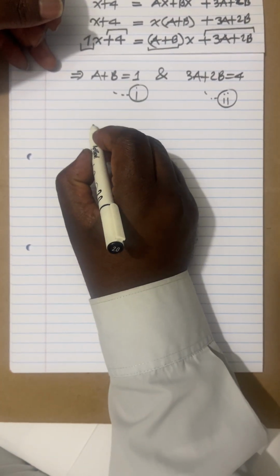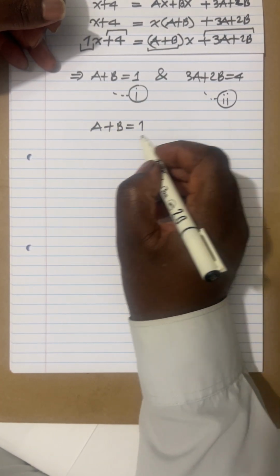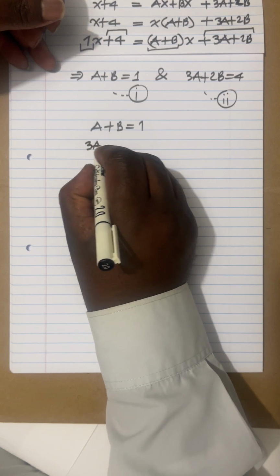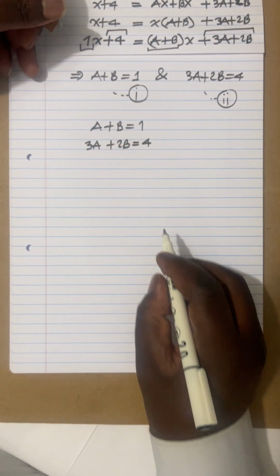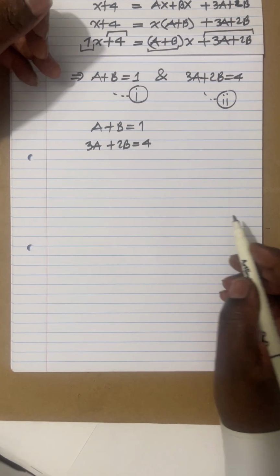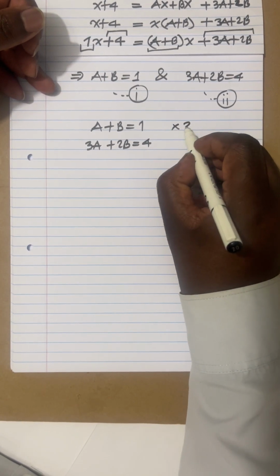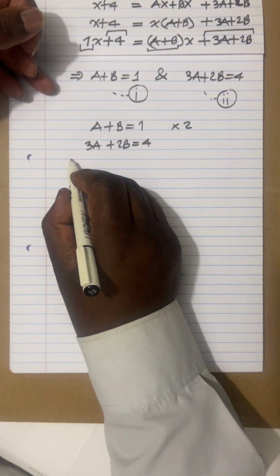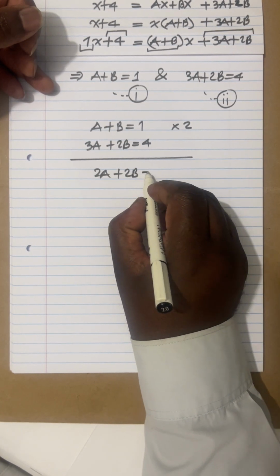So we have A plus B equals 1, and then we have 3A plus 2B equals 4. Now I want to eliminate B first. So my coefficient here is 2. I'm going to have to multiply the whole of that equation by 2. So that equation changes to 2A plus 2B equals 2.